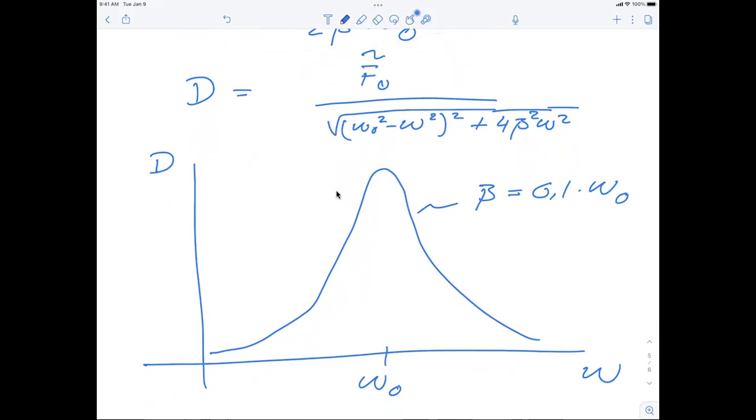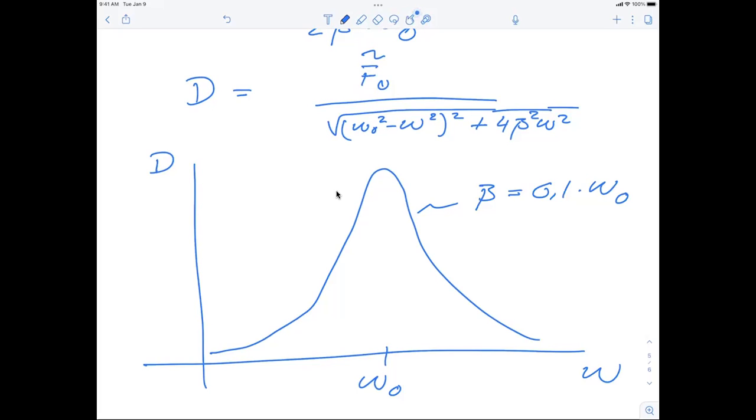Suppose now I increase the value of beta with respect to omega 0. What does your intuition say about the behavior of this curve? Will the curve be sharper around omega 0? Will it be a higher spike? Or will it have a smaller value? So what is your feeling here? What will the curve look like if I put beta equal to 0.3 times omega 0?